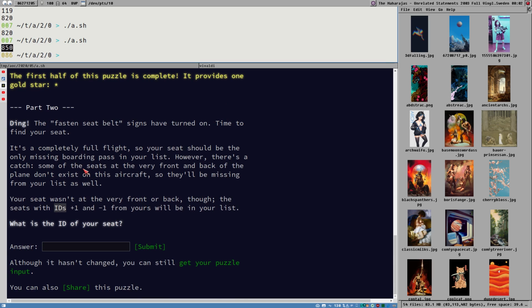We don't know that. Our ID is the ID missing. There's a catch. Some of the seats at the very front and back of the plane don't exist on this aircraft. So they'll be missing from your list as well. Your seat wasn't at the very front or back though.